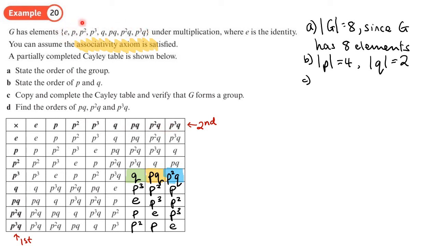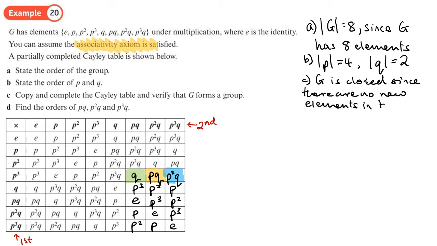The original elements all appear in the table. There aren't any other elements. So the first thing we're going to write down is that G is closed, since there are no new elements in the Cayley table.